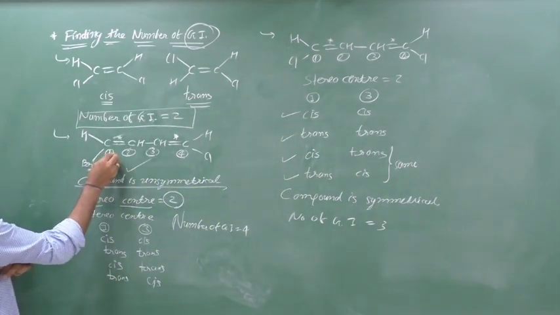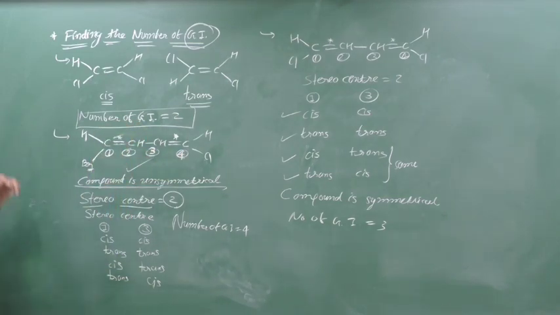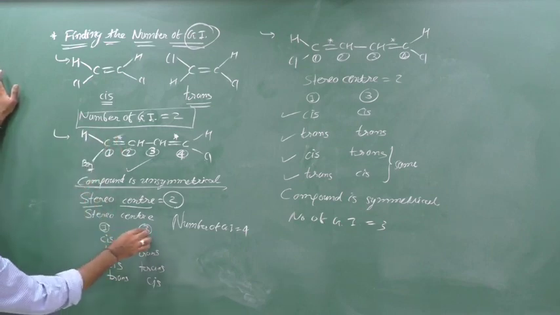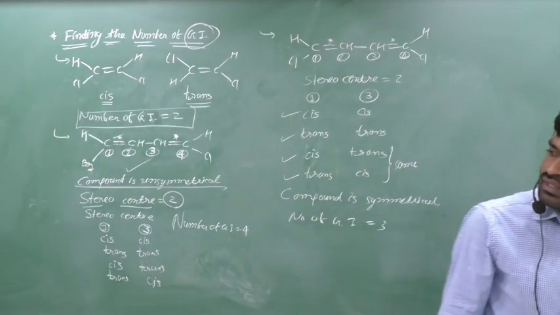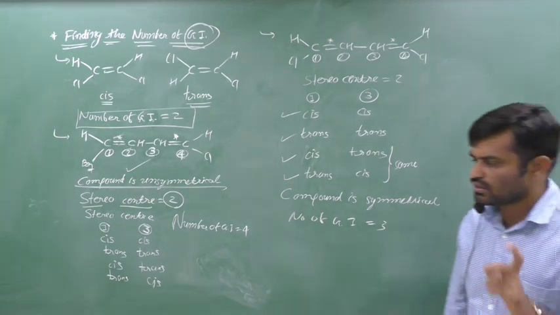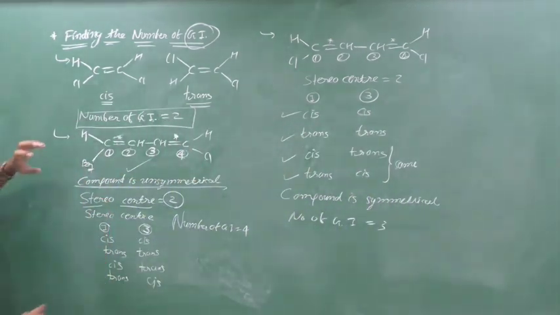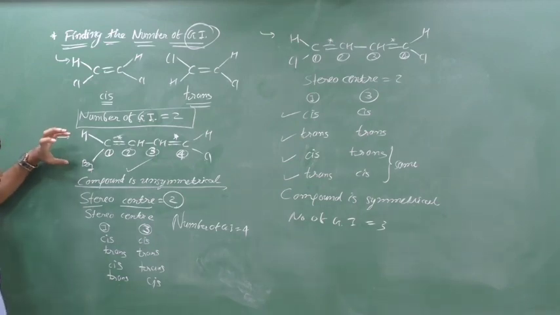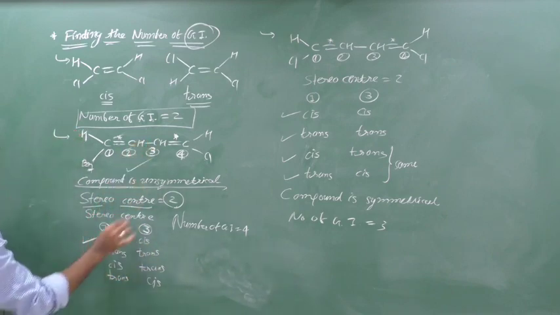We give the numbers 1, 2, 3, 4. From the point of view of stereo centers, the first carbon and the third carbon have a stereo center. Therefore we think about the possibilities of stereoisomers. Suppose the first is a cis form and the third is also a cis form, then we have one compound.